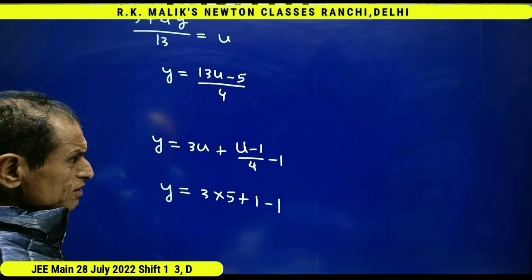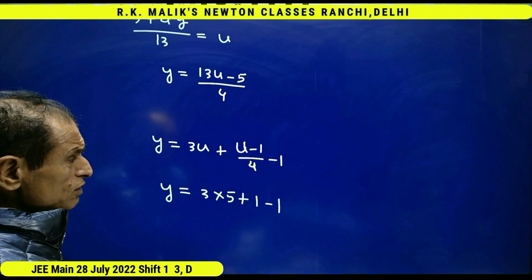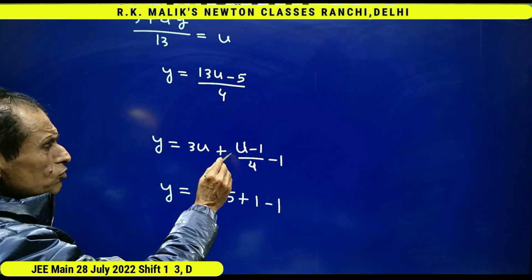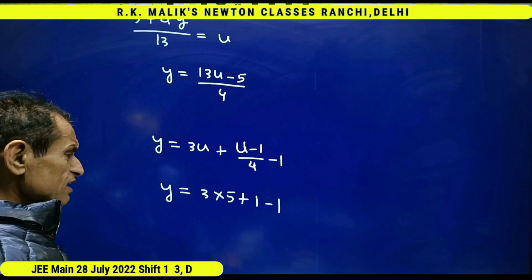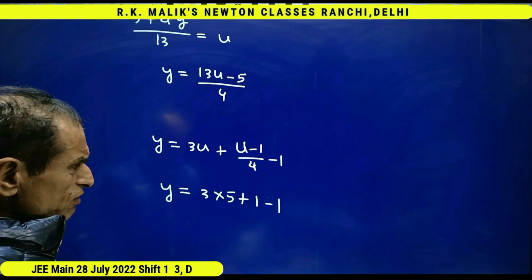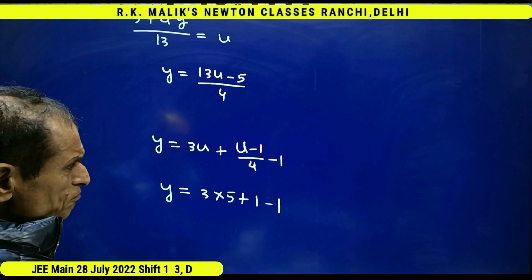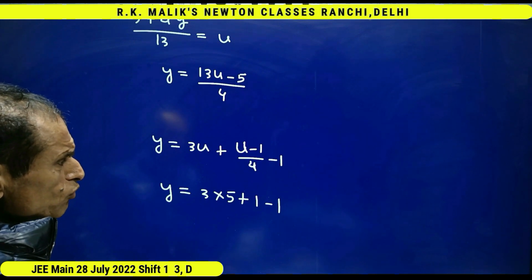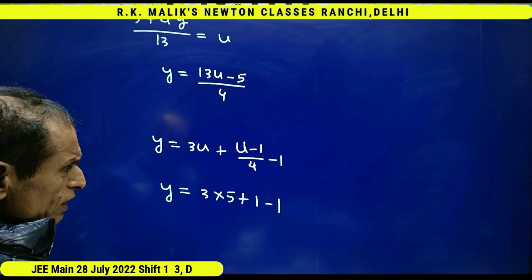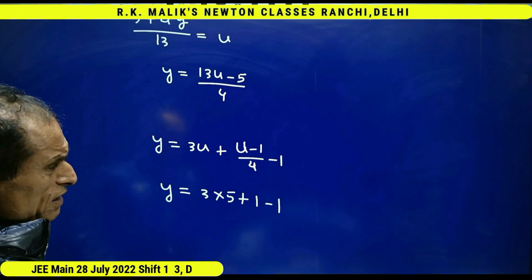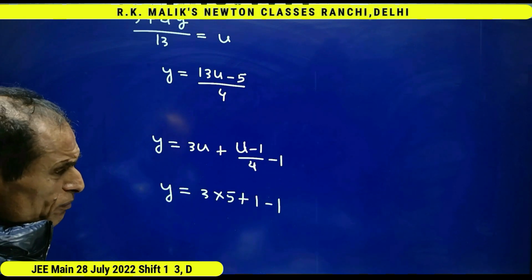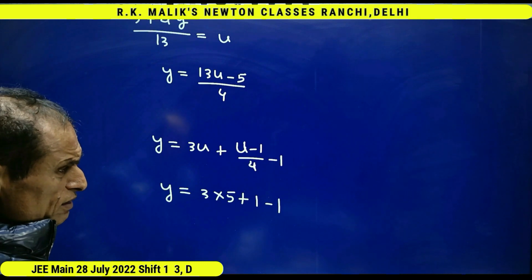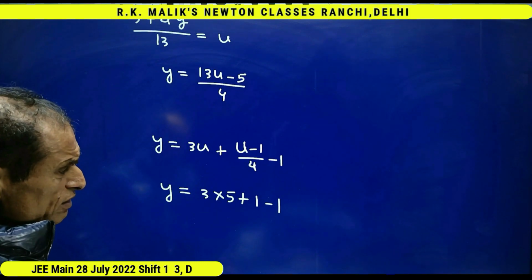Actually, I had forgotten. It would have been better if I had taken u equal to 1. It is not necessary that you take 5 only. Even if you take u equal to 9, that is also correct. Yes, it will happen that by taking the value of u equal to 5 or u equal to 9, the values of x and y you will be getting will be different, but they are only seemingly different.